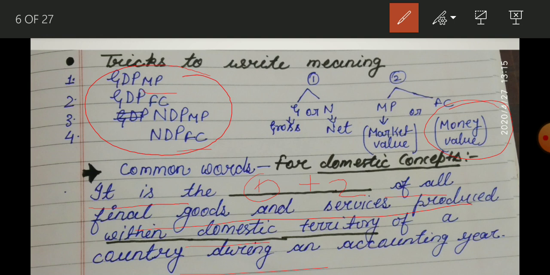If there is G and MP, we will write gross market value. In the second we will write gross money value. In the third we are going to write net market value. In the fourth we are going to write net money value. Okay students, so let me start one by one.